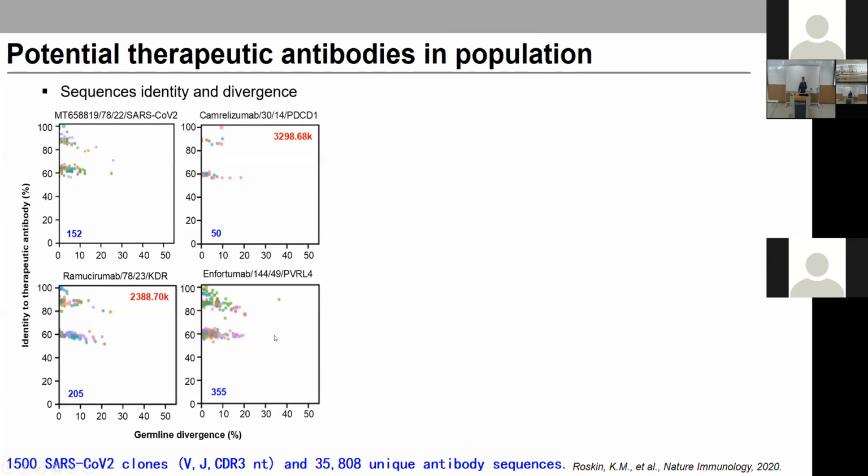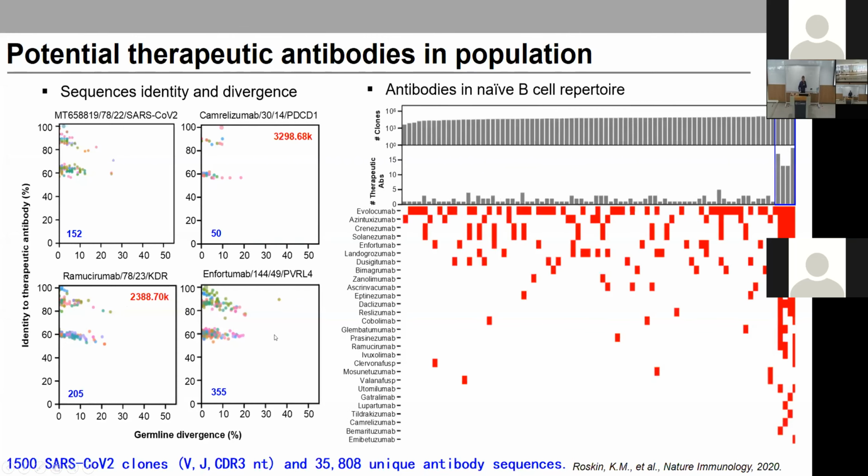We also looked at other therapeutic antibodies, and we found that 20% of the 521 therapeutic antibodies can be found in our data set. Moreover, in the diversity identity plot, we can see that all these sequences are separated.